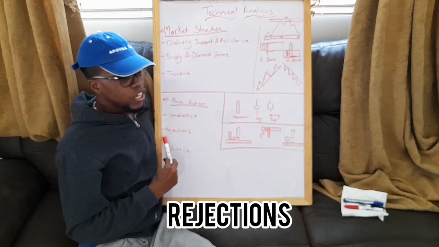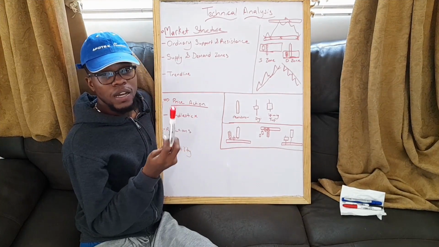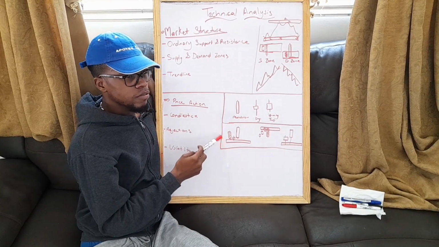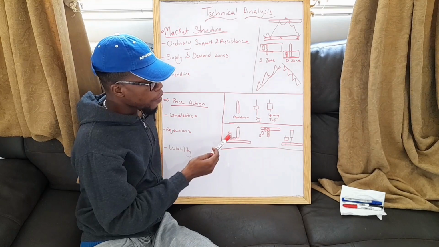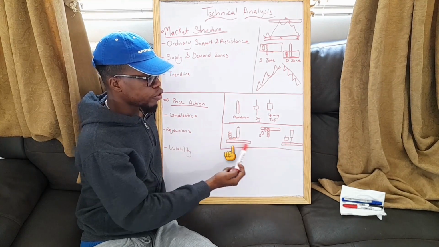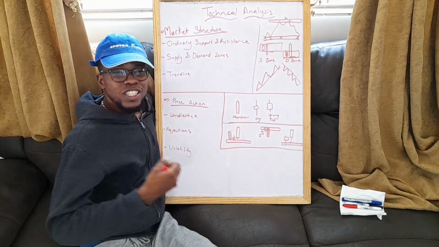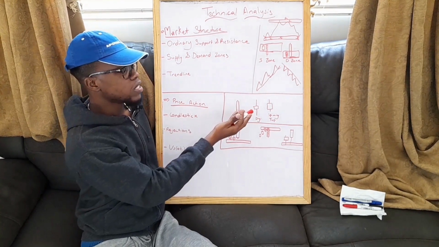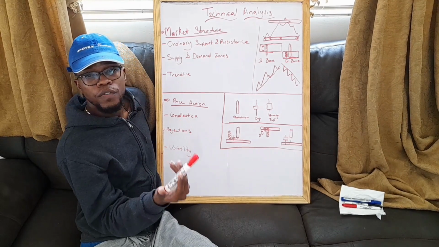When we talk about rejections at levels, we have key levels of structure, resistance and support. Right here we have a support, just a regular support, and the market touched the support. You see the rejection here. Draw your support, you have 2 touches. You see a doji right here, which shows you something. Remember, it's an indecision candle. We have buyers and sellers in this candle, so there's a possible reversal.